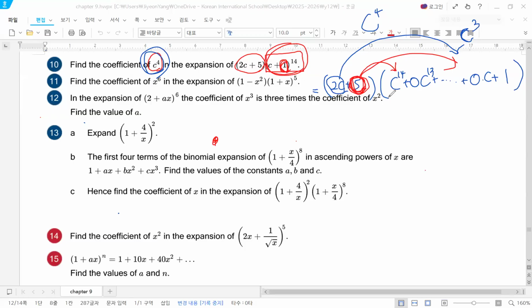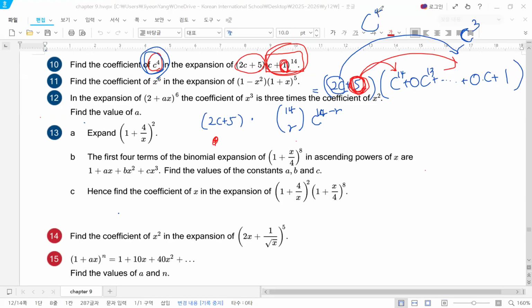So let's write down the general term of this one, (2c + 5), and then the general term: 14 choose r, c to the power of n minus r, which is 14 minus r, and then 1 to the power of r, which is 1.